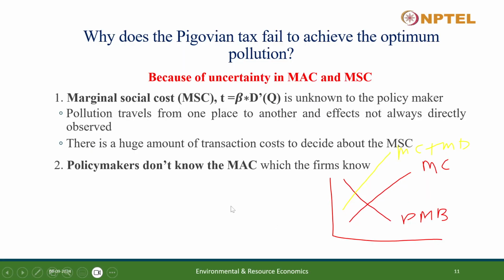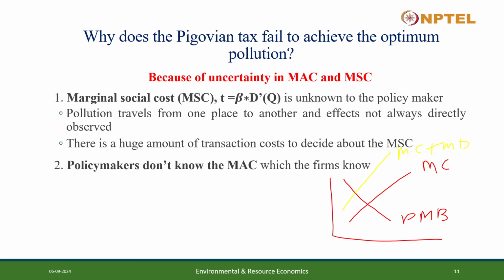Okay, so then we discussed that when there is uncertainty in the marginal abatement cost or marginal social cost, the tax will be T equals beta times D differentiated with respect to Q. In this case, the Pigovian tax fails because one of the issues with the tax is that the social marginal cost to the society will be based on pollution or emission.